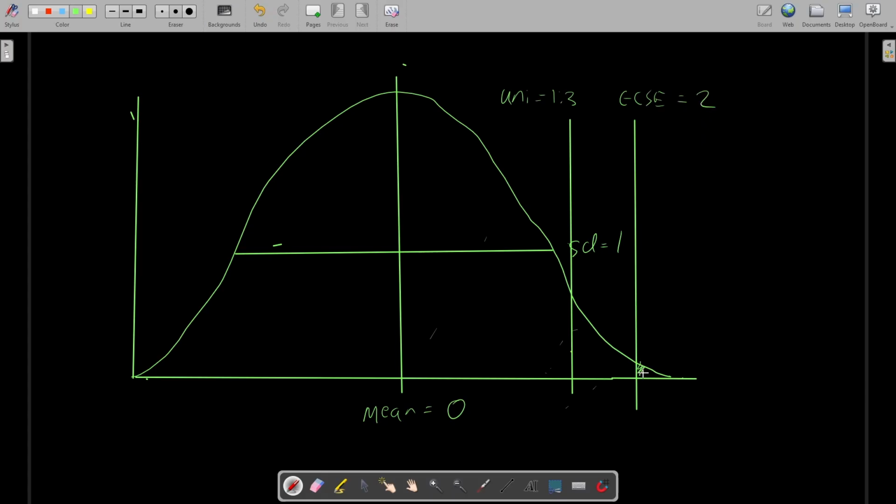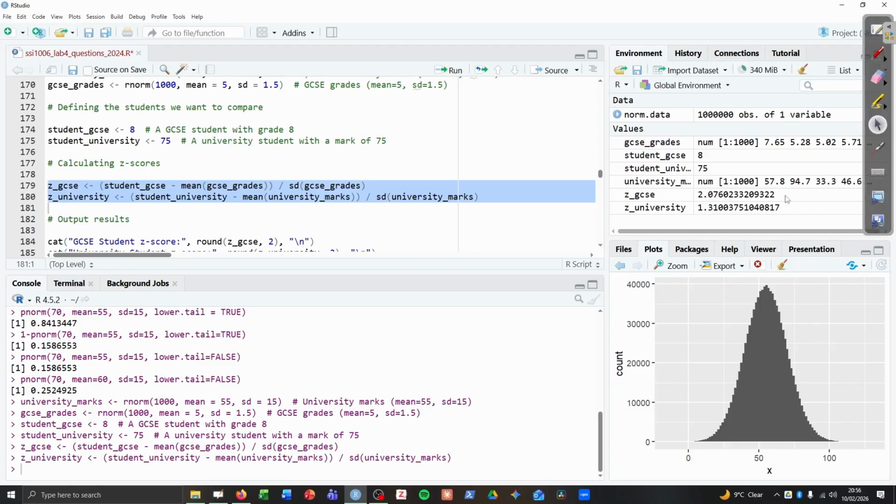So in other words, then, only this proportion here are greater than our GCSE student, but all of this proportion right out to here scored better than our university student. The conclusion then is that this higher Z score means the GCSE student is overall doing better within their distribution than the university student is.